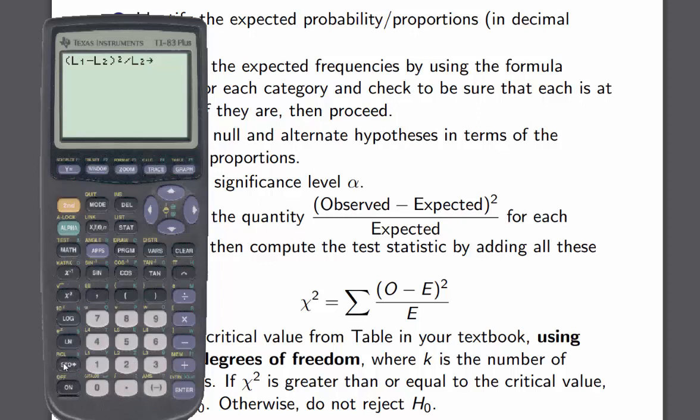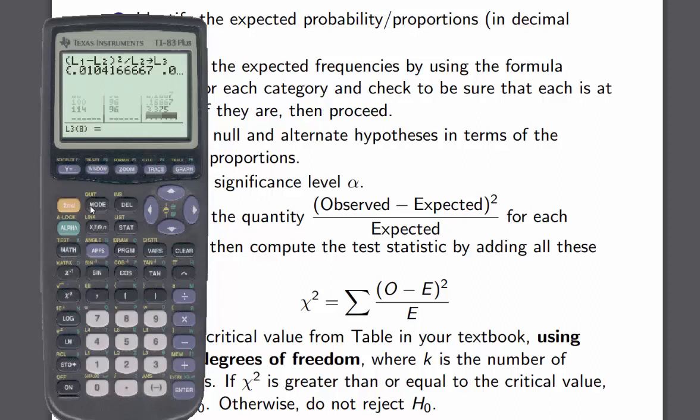That's what this button stands for, STO. We're going to store them in L3. Okay? So now if you go back to your columns, you see that you have these numbers over here for each of the categories. Okay? That's what we got over here.